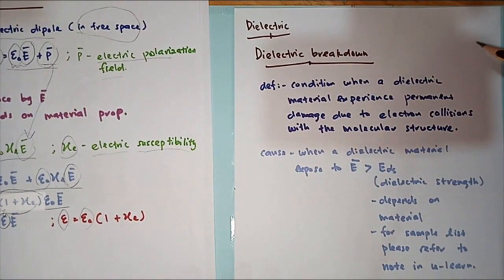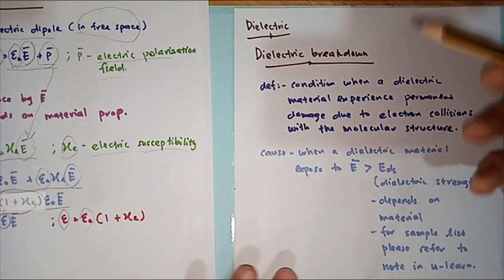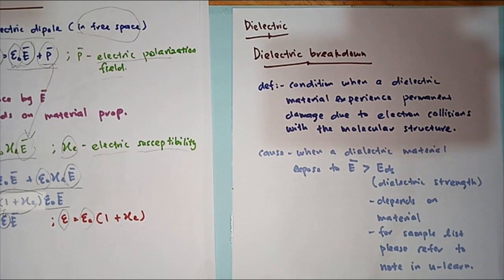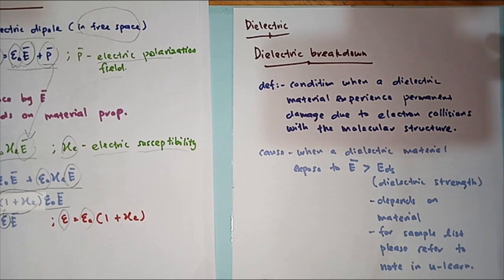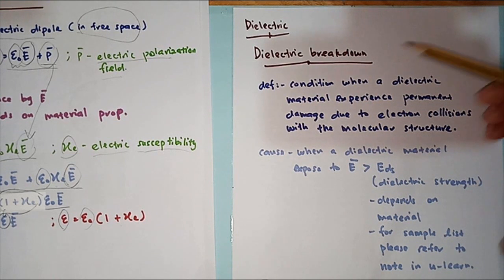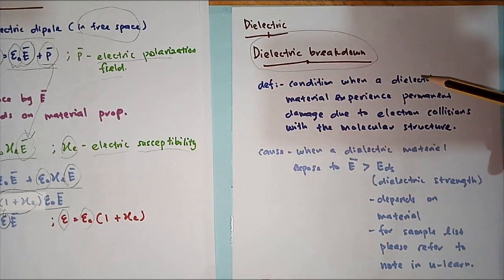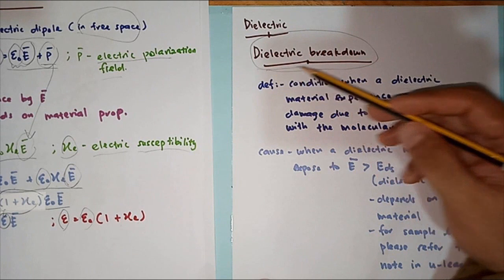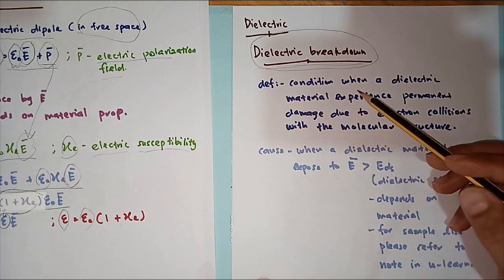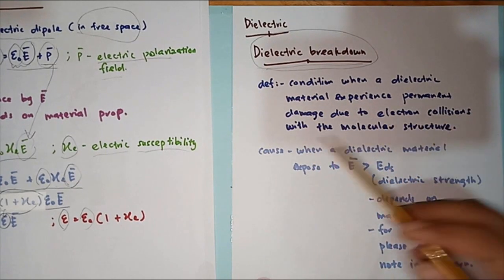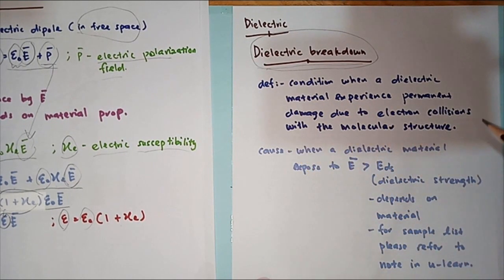However, when we expose that particular dielectric material to an electric field whose value is greater than its breakdown value, dielectric breakdown will occur. Dielectric breakdown is defined as the condition when a dielectric material experiences permanent damage due to electron collision with the molecular structure.